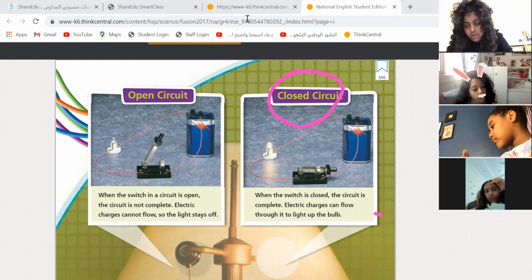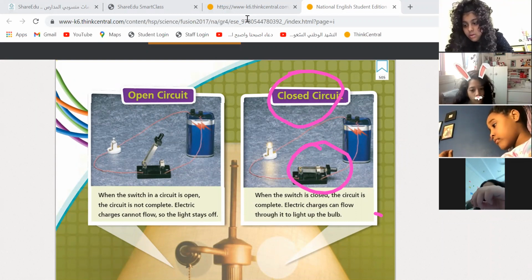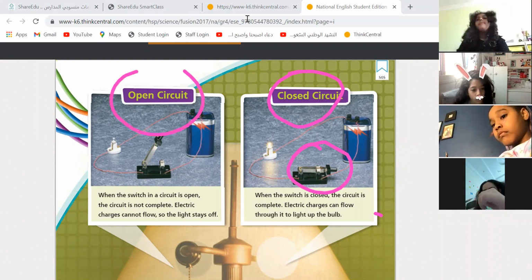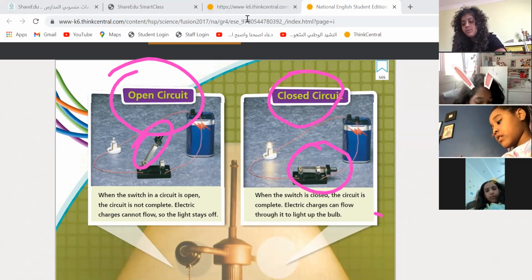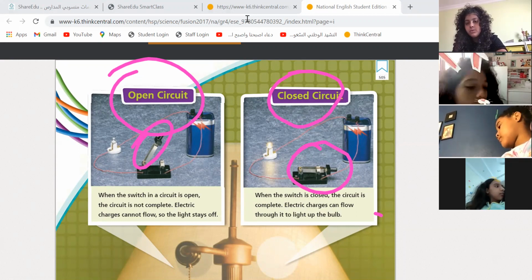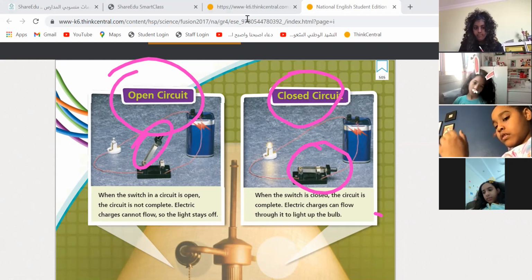Excellent. Why closed? Because there is no space. Look at the switch. Unlike the open circuit, where the switch is open and has a space, so electricity will not continue to flow through the circle. Do you understand with me?